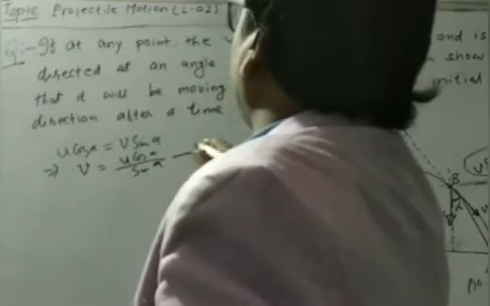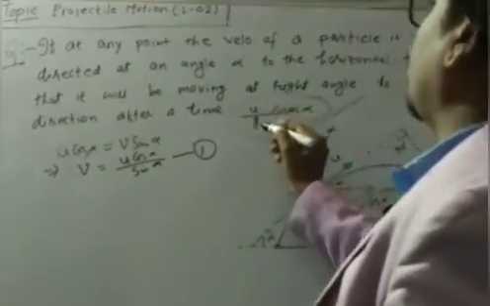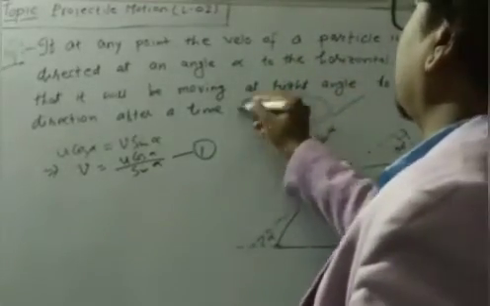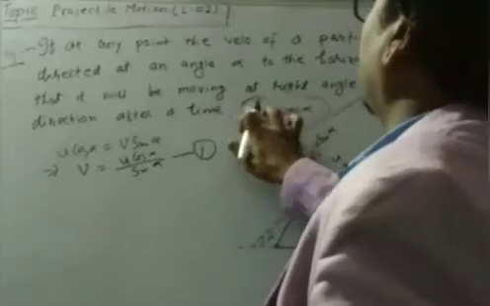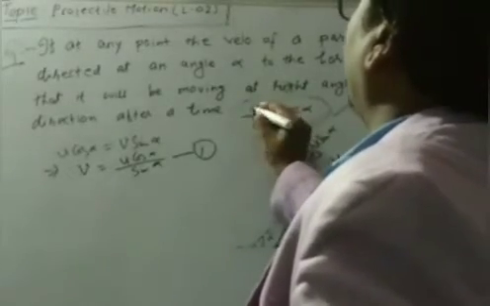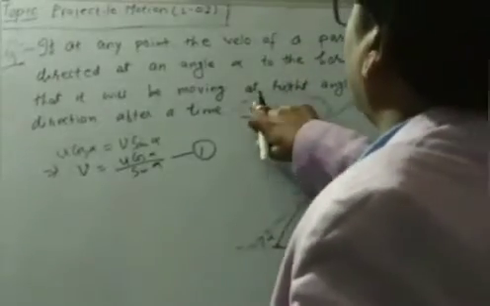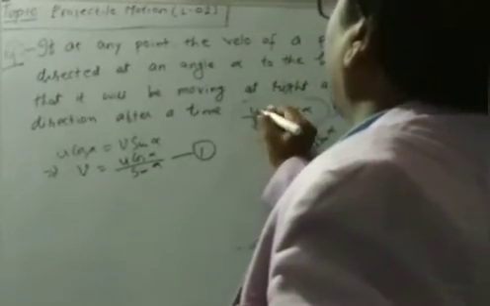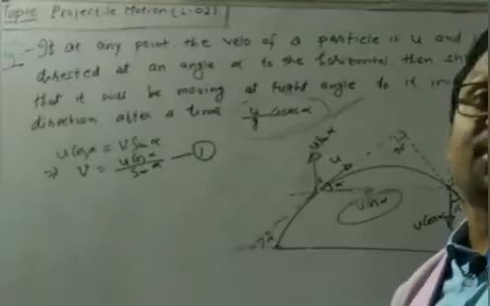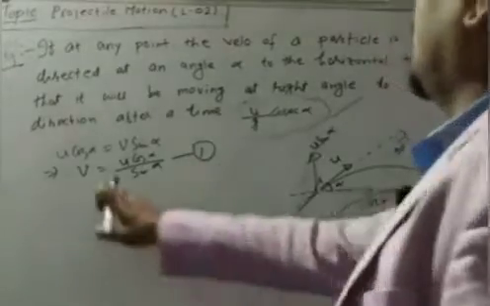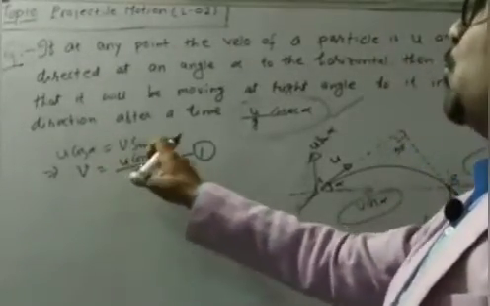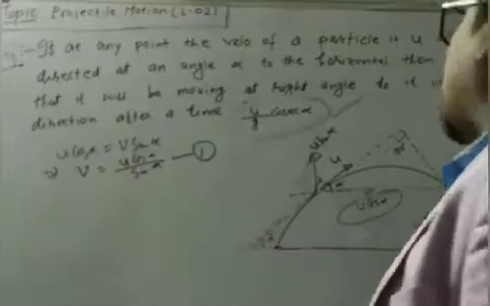Just you see in this expression only u exists, v is not present here. So you need to eliminate v everywhere. Okay, only u is required in the final answer. Okay, so this is v equal to u cos alpha by sin alpha.